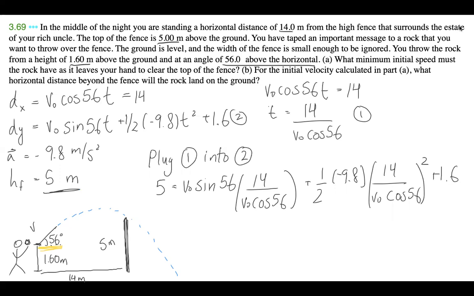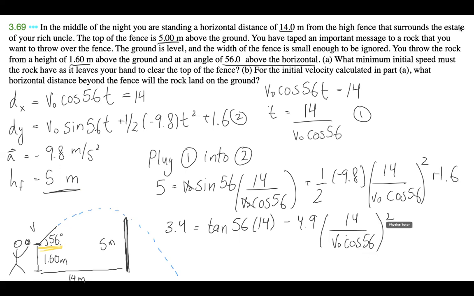And now all we have to do is solve for v naught. So when I do this, I get 3.4 is equal to sine over cosine, which is tangent, tan 56 times 14, of course, minus 4.9 times 14 over v naught squared, or v naught cos 56 squared.